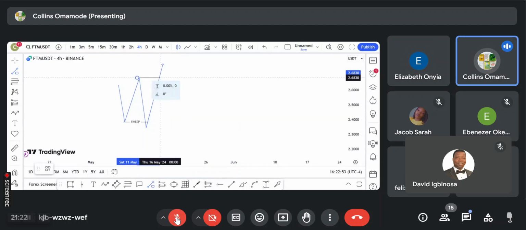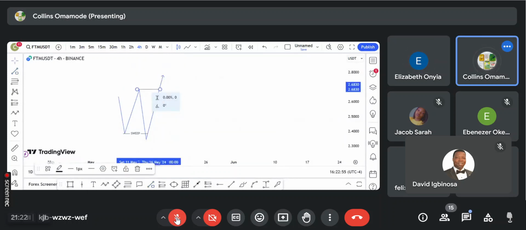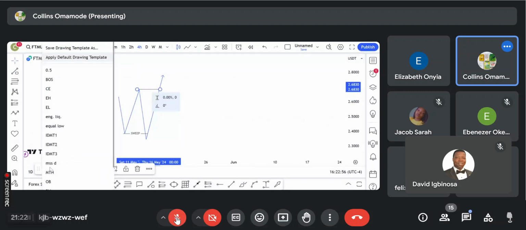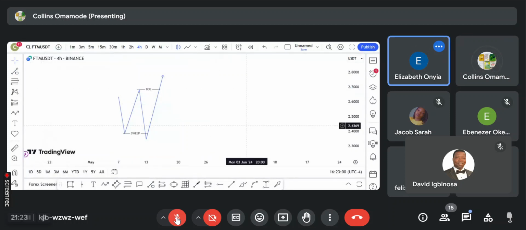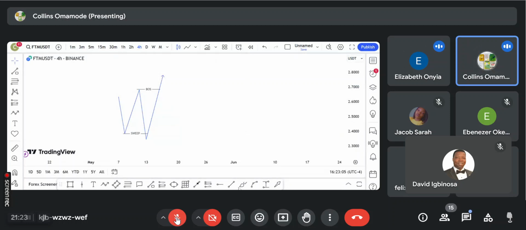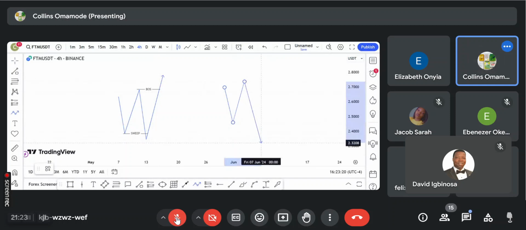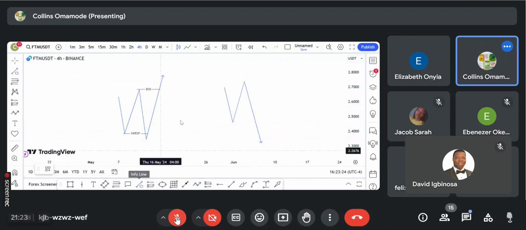So I've gotten a good strong low. For the bearish, I want to see a sweep of that high and a break of the low.